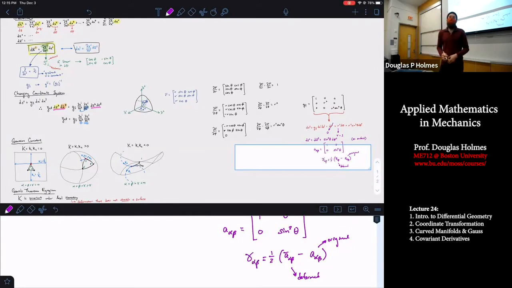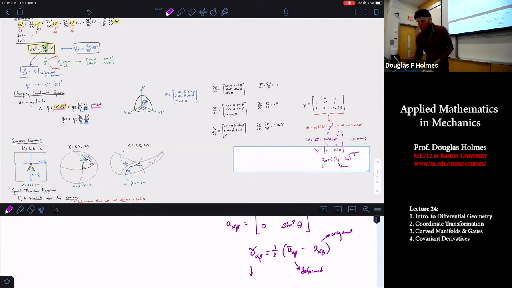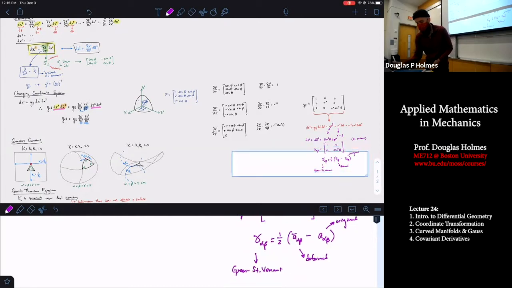Usually you're probably used to seeing epsilon there, but I write gamma because this is technically what is referred to as the Green-Saint-Venant strain tensor. So this is just a brief benefit of being able to measure distances on surfaces, that it directly relates to mechanical quantities like strain, stretching strains, curvature strains, and so on and so forth.